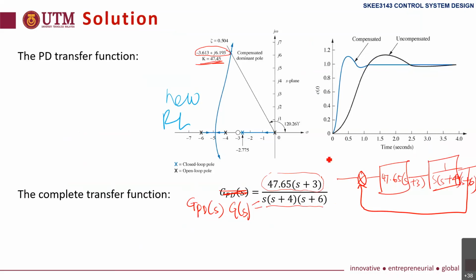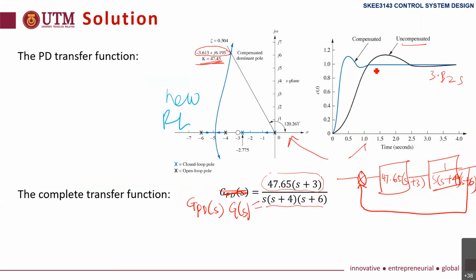And this is the new root locus. If we plot the response, it will be like this. You can see the uncompensated one, meaning the one without controller, is just now we get 3.32 settling time.